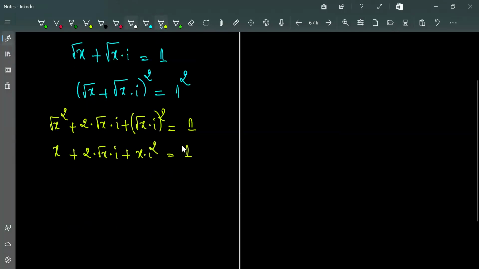You know that i squared is equal to negative 1. So right now we can write x plus 2 square root of x times square root of x times i minus x equal to 1.